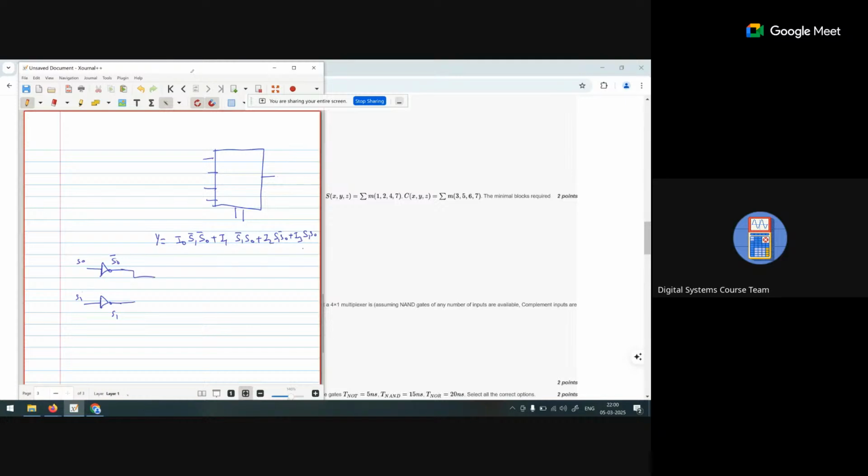Now we are using one AND gate, where I am taking the I0 also, similarly taking S1 bar and S0 bar. Now I1, I2: S1 I have to take from here, S0 I am taking from here.